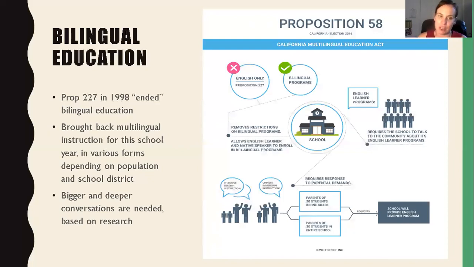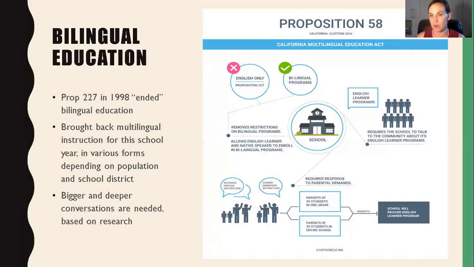It takes various forms depending on the population that you serve and the school district, which I think is a good thing. Unfortunately, that can change service and quality, but who we are in San Diego is going to be really different than who we are in Humboldt County. The amount of immigrants that we have, the amount of different languages that we have, you should see the materials that I have.